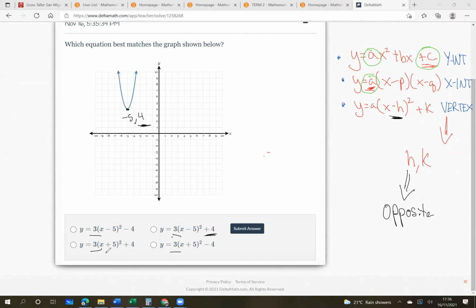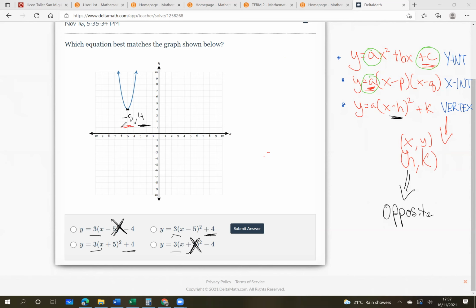What do I have here? 4. So we know that it can't be this one because the y coordinate is 4. Remember, these are x comma y of the vertex. But my h coordinate has to be the opposite.